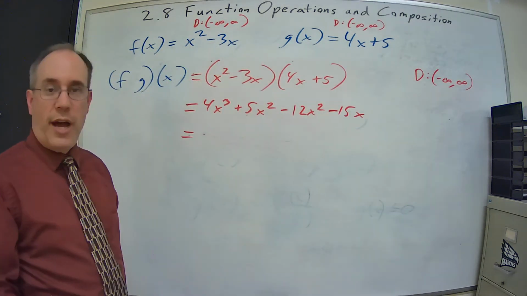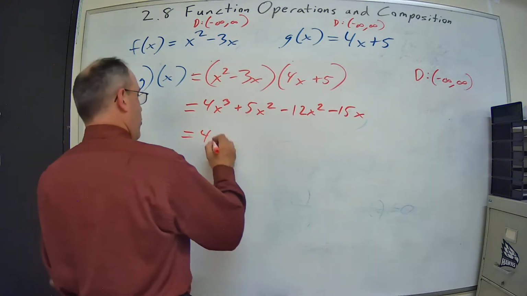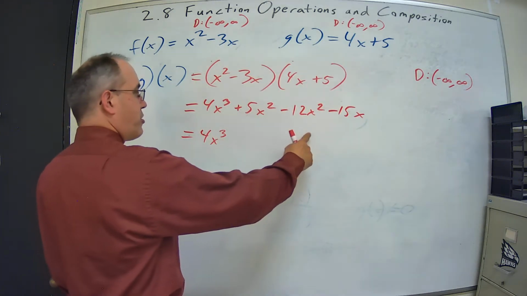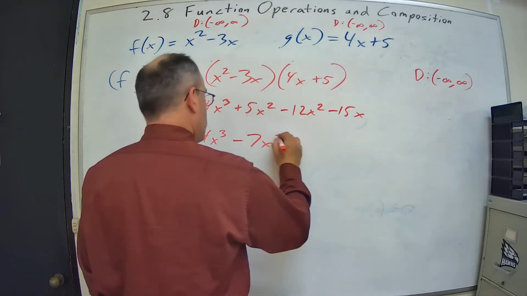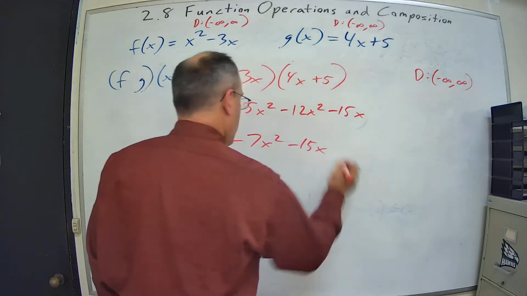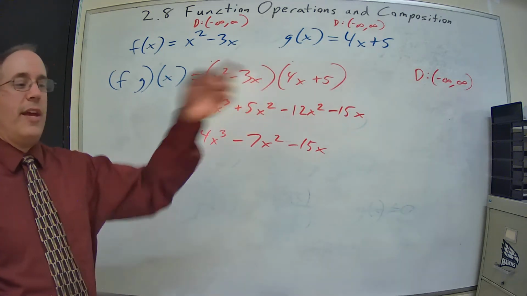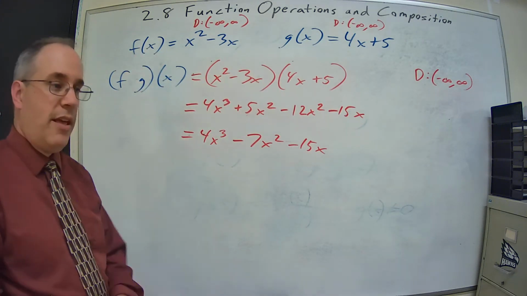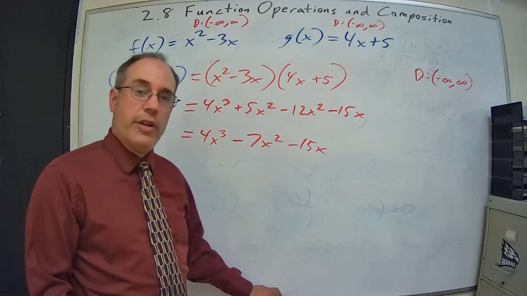And then we can combine like terms. So 4x cubed plus 5x squared minus 12x squared gives us 4x cubed minus 7x squared minus 15x with the domain of all real numbers. So again, not too difficult, it's stuff we've already done before.